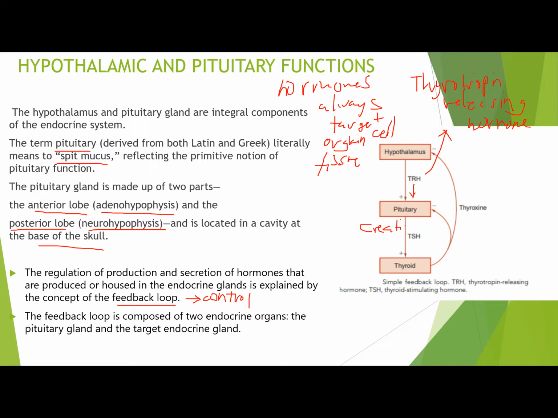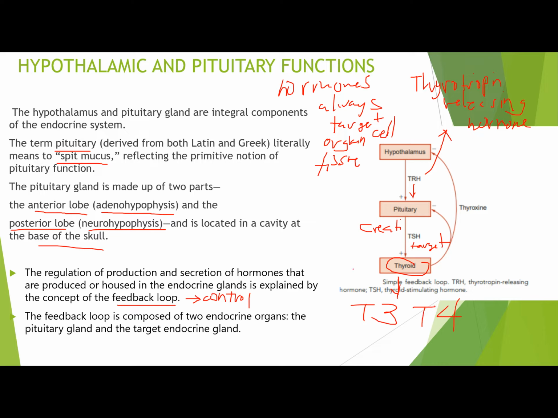The pituitary would now create the TSH or the thyroid stimulating hormone. Now, the target organ of TSH is the thyroid. And once it reaches it, the thyroid will now release T3 and T4.